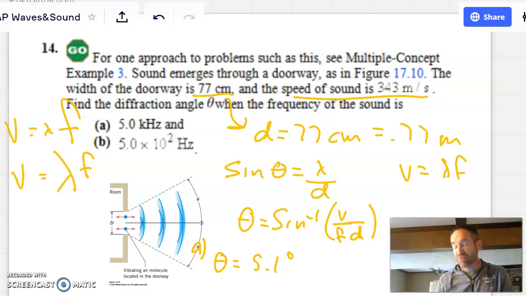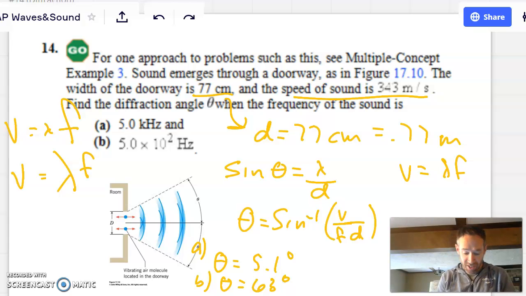Versus if you only put 500 hertz in that denominator, well, we're going to get a 10 times bigger fraction, and yeah, it's not 10 times as much angle, but it turns out it's a lot bigger. It's actually more than 10 times as much, 63 degrees. So we were right.